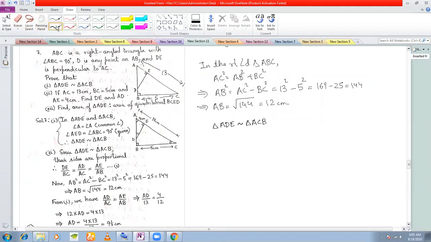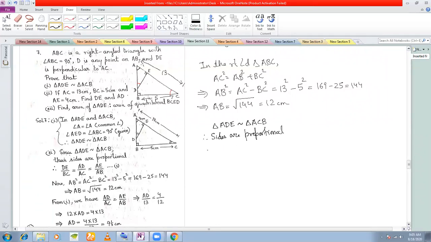So let me just mark the angles once again. Okay, so let's write the proportional sides.